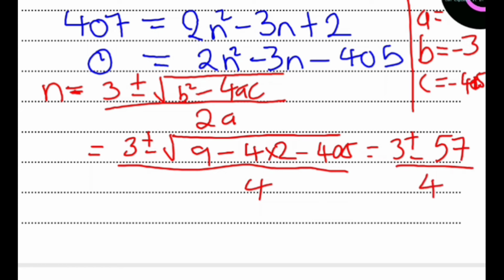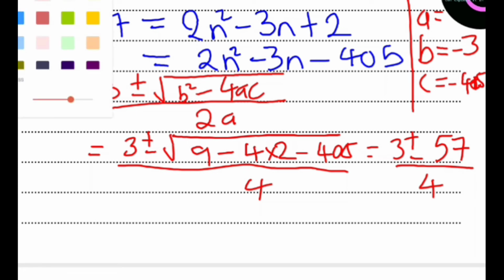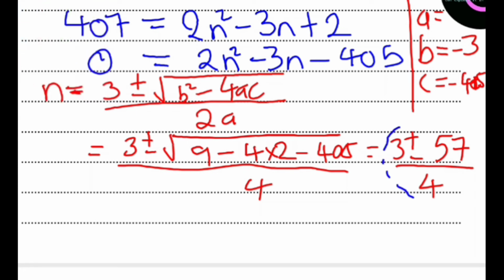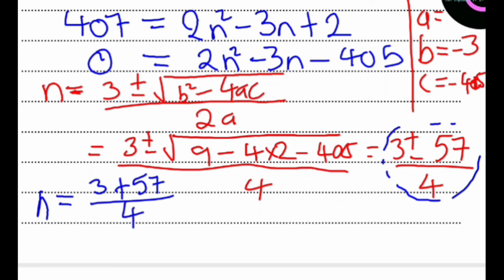Since we are looking for a term of the sequence, we're going to ignore the negative number. The negative number will come when you say 3 minus 57. You see that, guys, there? From this expression, if I say 3 minus 57, I'm going to get a negative number. So let me focus on the positive. So n equals 3 plus 57 all over 4. 60 over 4 is 15.